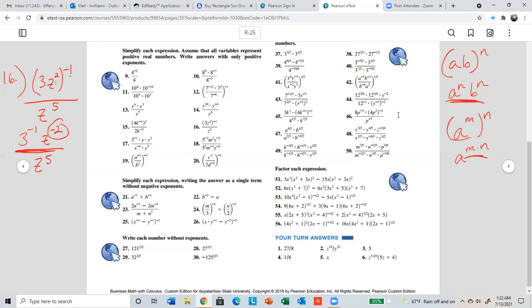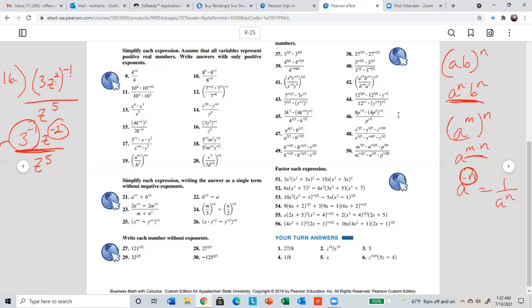Let's fix our negative exponents. Now notice your rule says a to the -n is equivalent to 1 over a to the n. What that means is if you've got a negative exponent, to make it positive, it needs to flip. If it's on the numerator, it goes to the denominator. If it's on the denominator, it goes to the numerator. So it flips whichever direction you need it to go to make it positive.